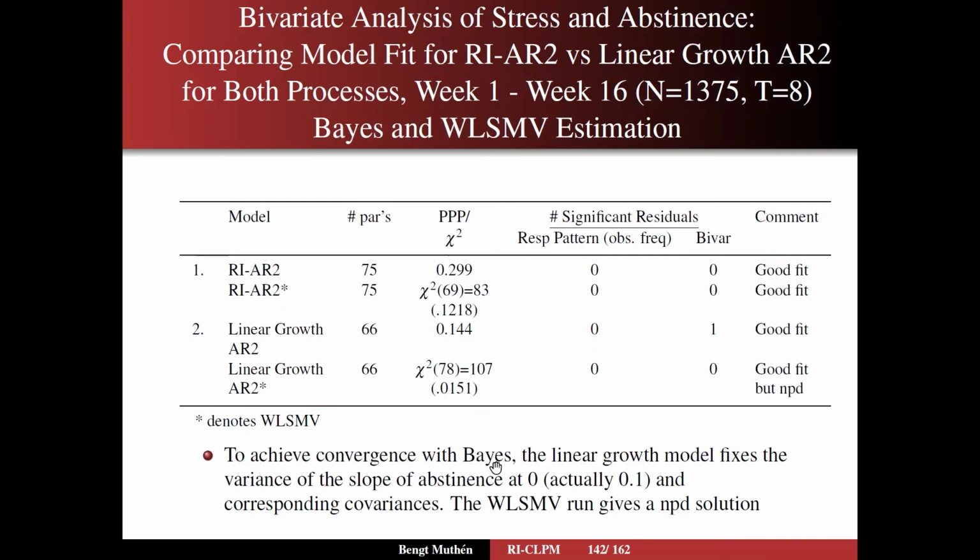To achieve convergence with Bayes, the linear growth model fixes the variance of the slope of abstinence at 0. Actually, with Bayes, you cannot fix it at 0, but at 0.1, some small value. And then you fix to 0 the corresponding covariances. And that's how this is done. So it's only random growth for stress, but for abstinence, the slope is not random, it's fixed, it has only a mean. So that's okay. But the WLSMV run is not admissible.